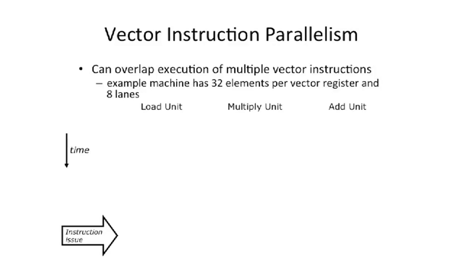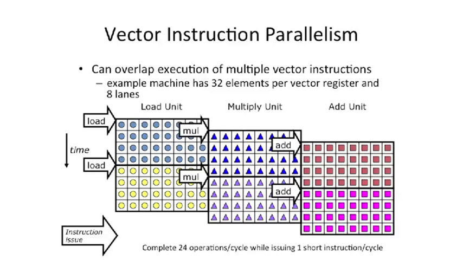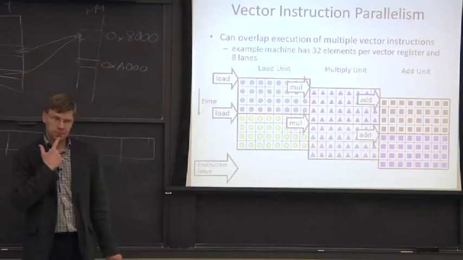So we can start to think about how to overlap if we have different functional units, the ALU, the load, the store, and the multiply unit, we can start to think about overlapping them in both space and time.